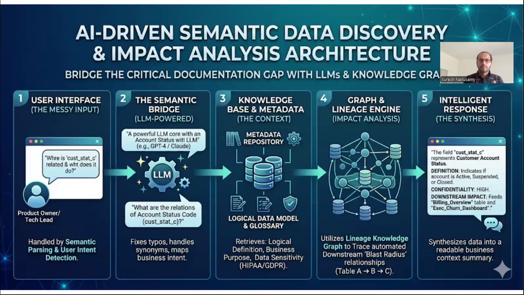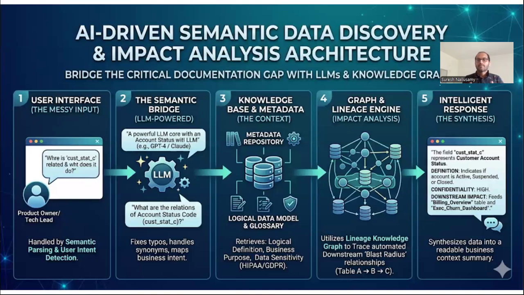fields. These targetable fields are searched against the knowledge base, which is the metadata repository, built based on logical name, description, physical name, and several metadata attributes. These targetable fields search against this knowledge base and identify the logical description, name, physical column name, and other metadata attributes.